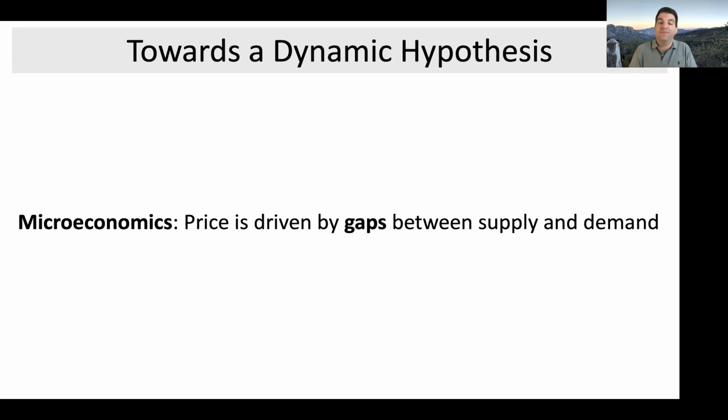Likewise, if there's low supply, then somebody who really needs that and can't find it anywhere else will be willing to pay anything for it, and then there'll be a race to the top. So gaps between supply and demand, oversupply and over demand, are what drive prices up and down.